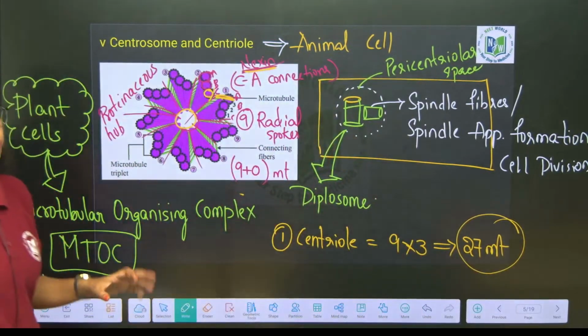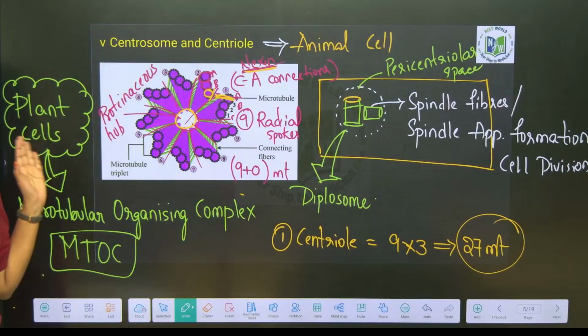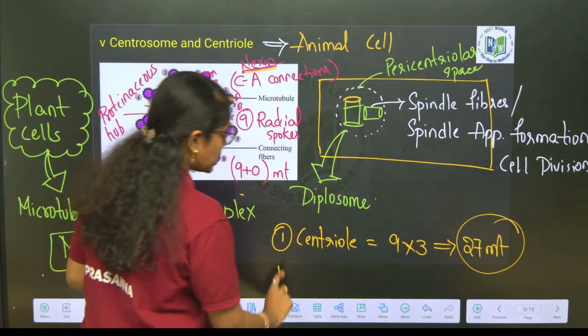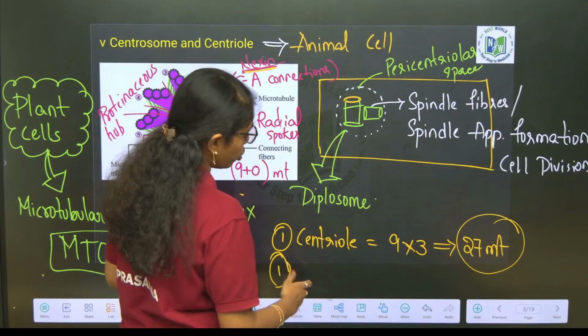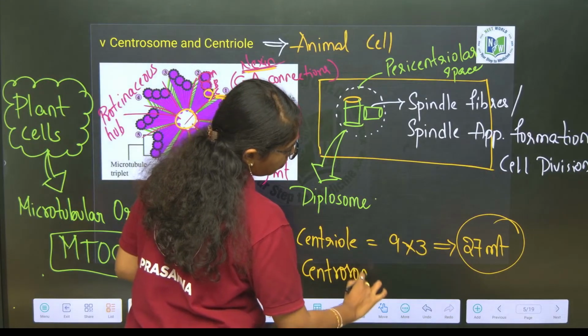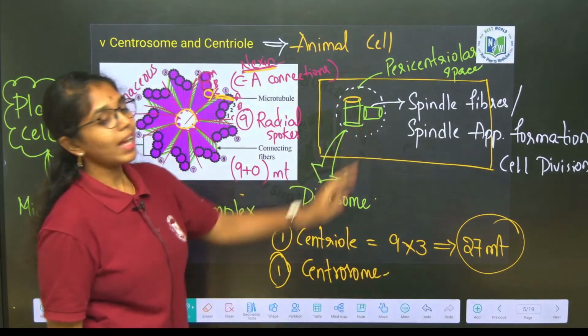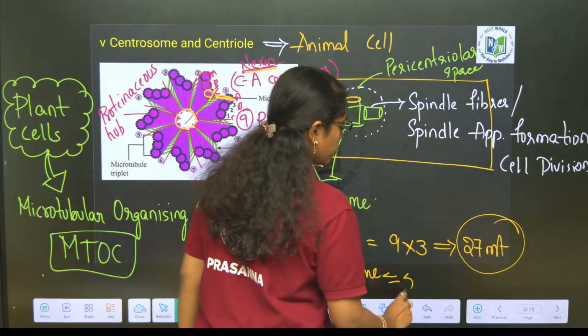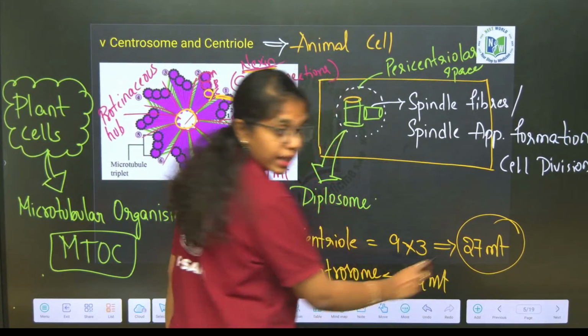Clear, right? This is the complete description of the centriole. Same question if I put: in a single centrosome, how many microtubules are present? Simple. A centrosome has 2 centrioles. That's it. Very good, Rahul. It is 54 microtubules. Clear, right?